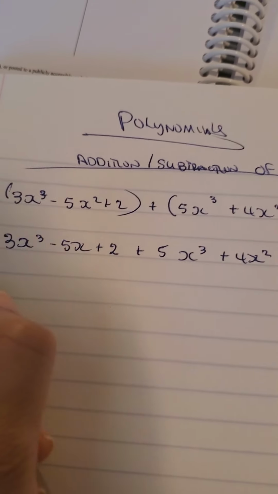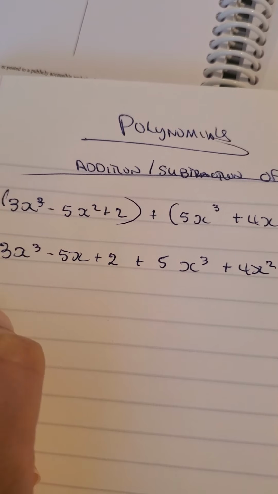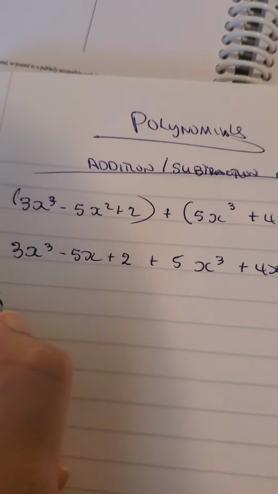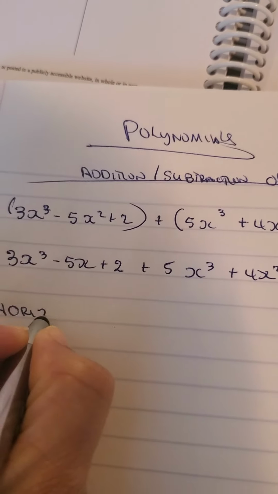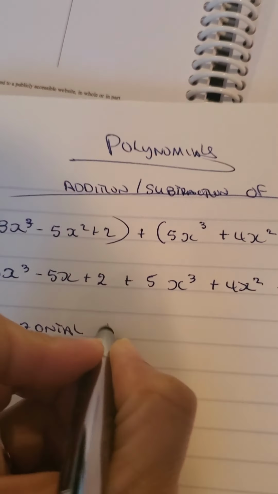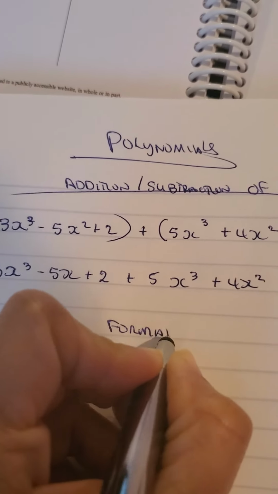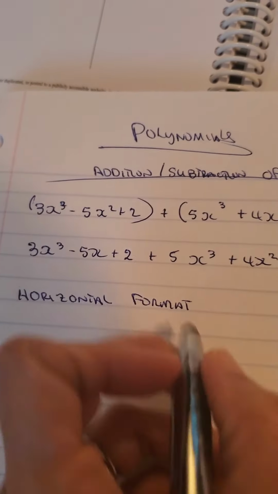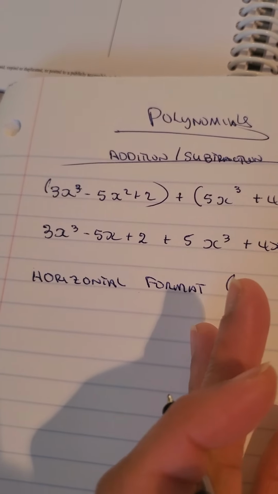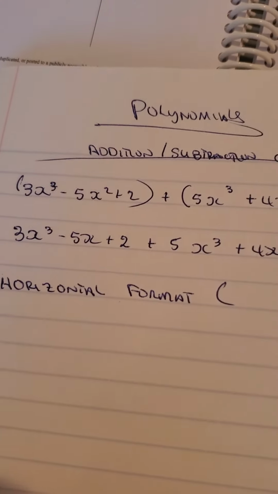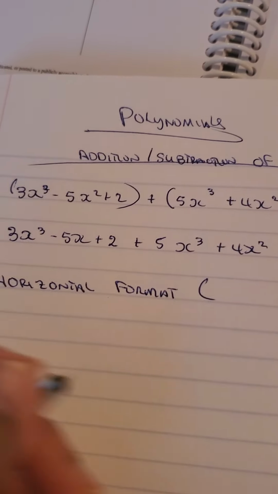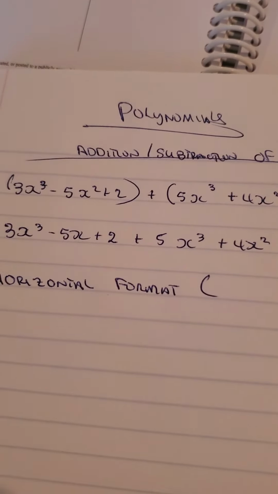The first is called the horizontal format, which means you combine the like terms, because that's what you do when you add and subtract polynomials. That's why I said you already know how to do it. It's simplifying expressions through combining like terms.